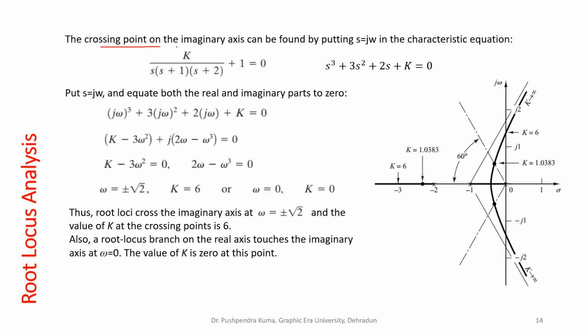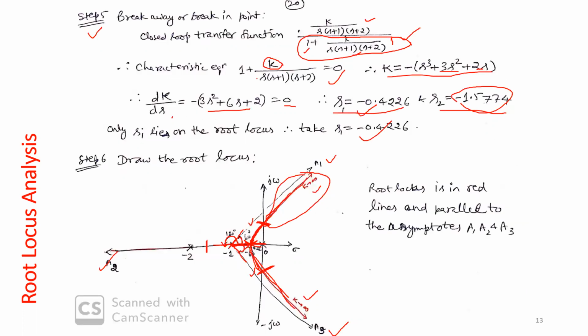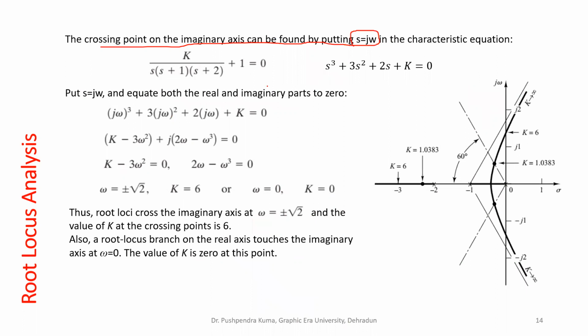The crossing point on the imaginary axis can be found by simply putting s equals j omega in the characteristic equation. This is my characteristic equation. When you solve it, you will have this equation, and you put s equals j omega.